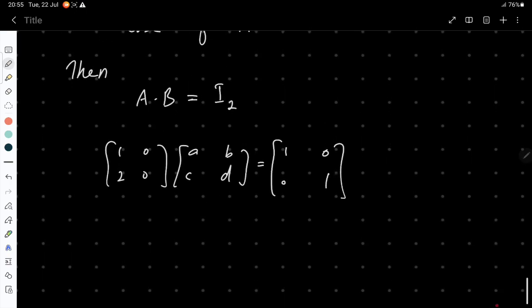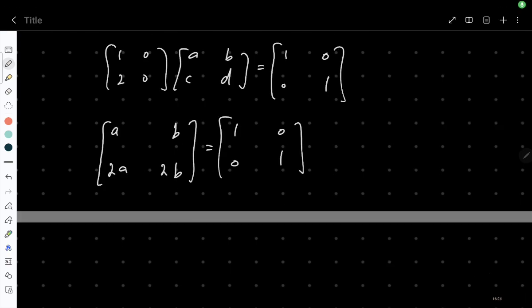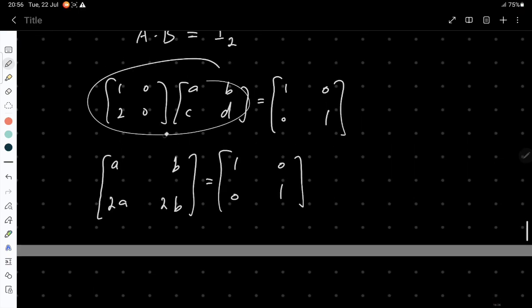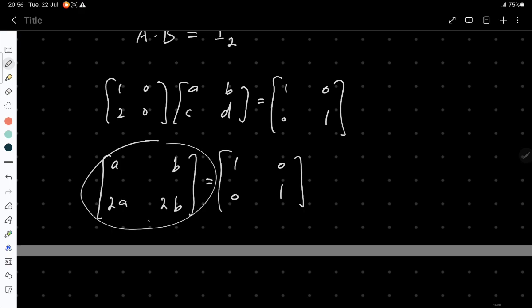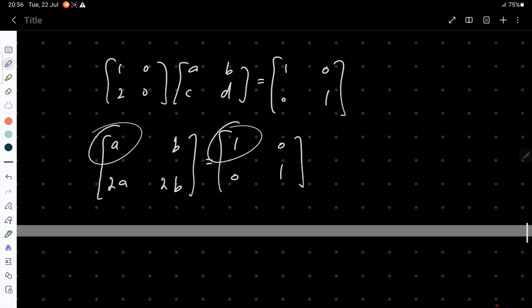Now we multiply these two matrices and equate the result to identity. So if I multiply these two matrices, I will get this matrix. Now just compare to find the values. If I compare the first terms of each matrix, I get a equal to 1.